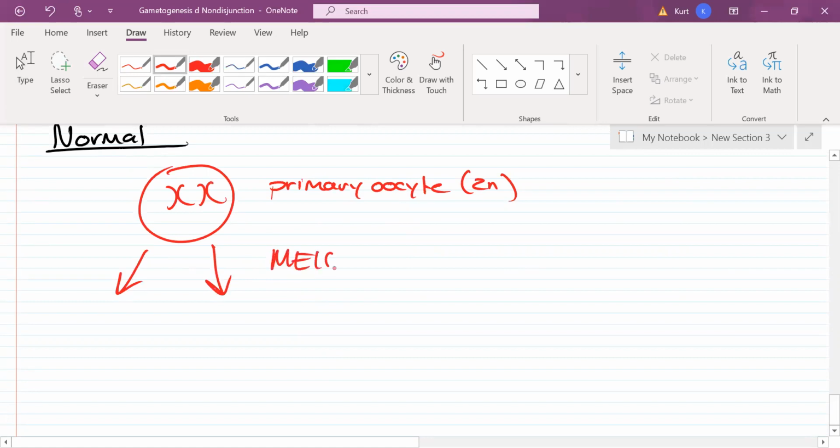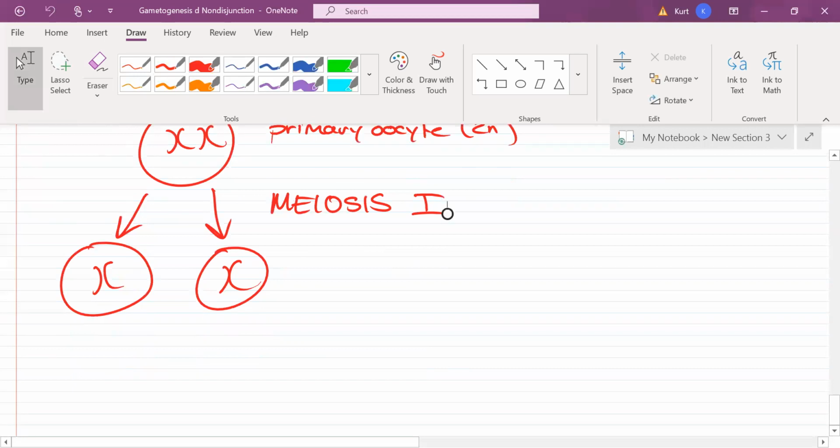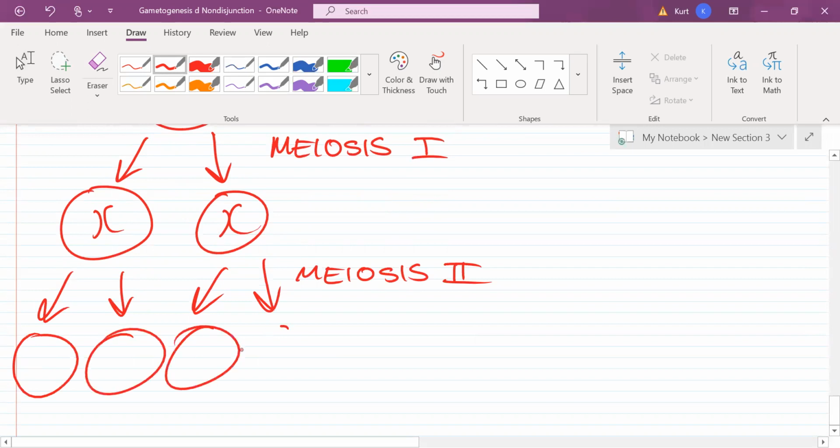Here's meiosis 1. You see, guys, that's an even separation. Then we go through meiosis 2. You divide it even further.